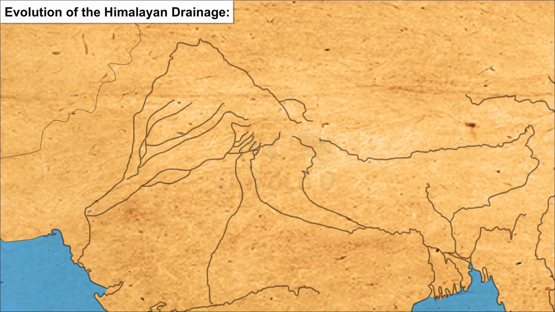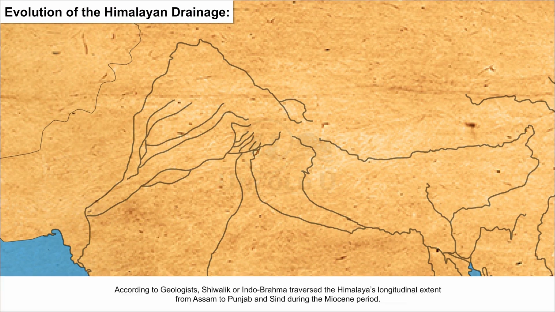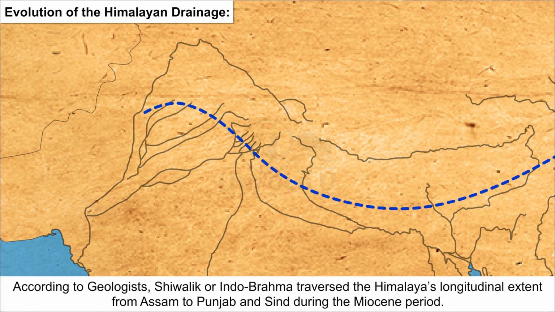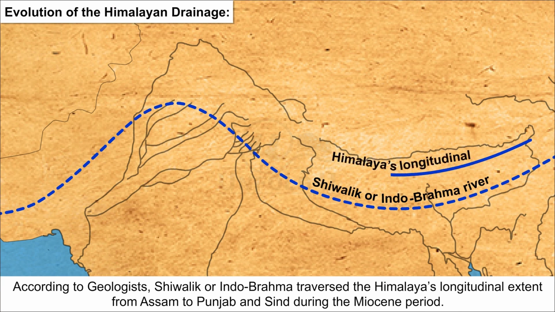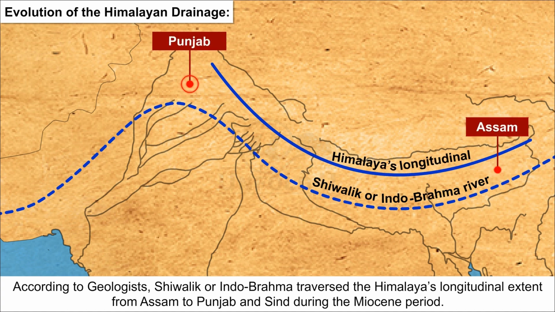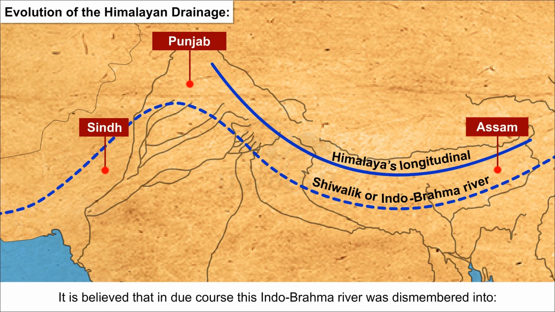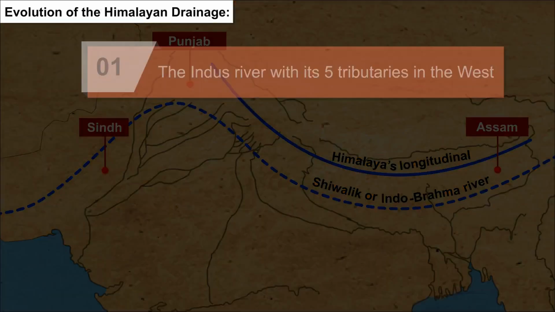Evolution of the Himalayan drainage. According to the geologists, Shivalik or Indo-Brahma traversed the Himalayas' longitudinal extent from Assam to Punjab and Sindh during the Miocene period. It is believed that, in due course, this Indo-Brahma river was dismembered into 1.